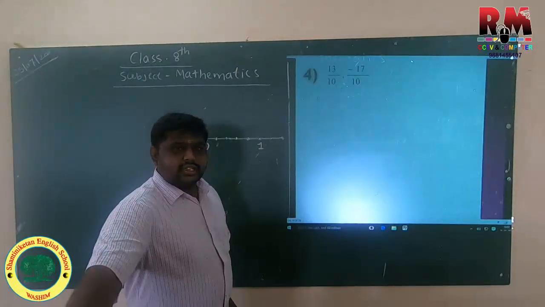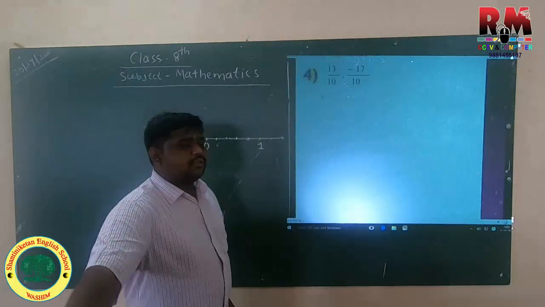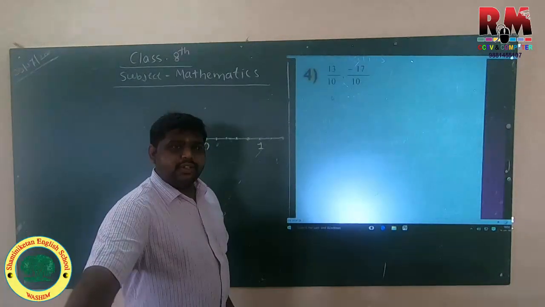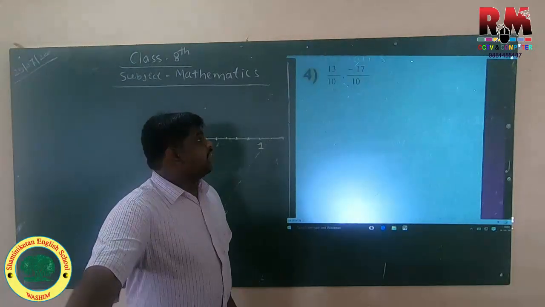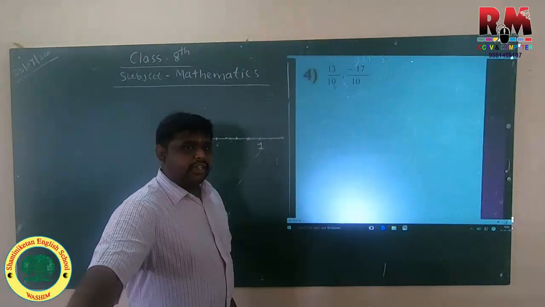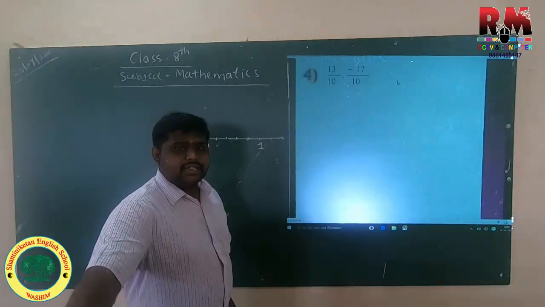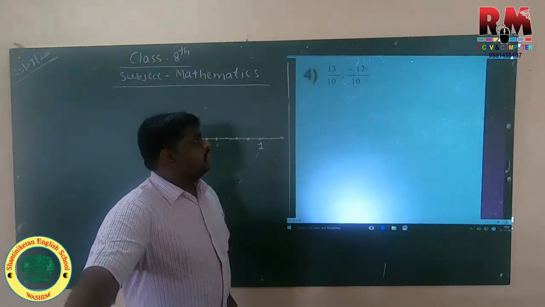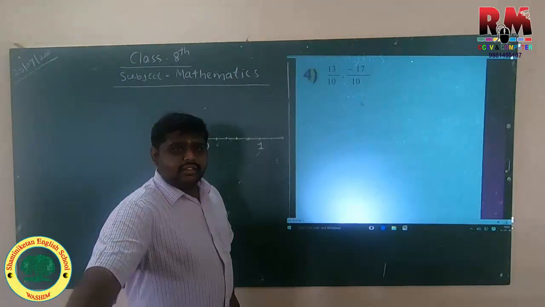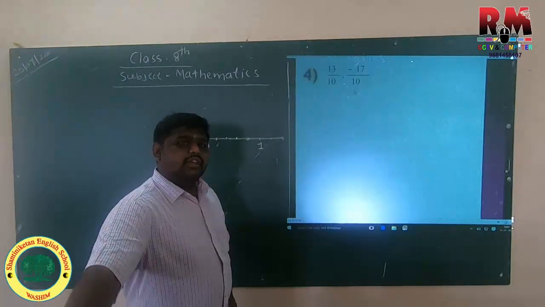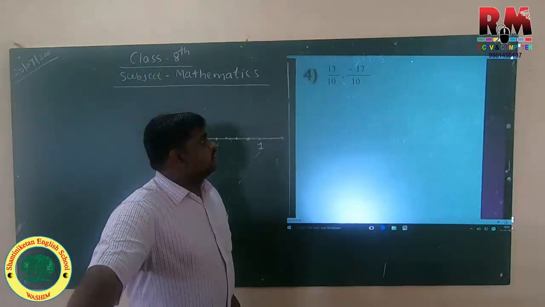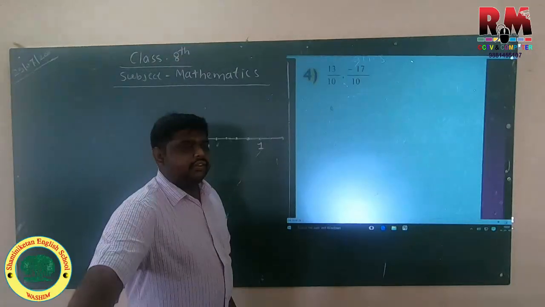Now observe the denominator is 10, so we divide the unit distance 0 to 1, 1 to 2, 2 to 3 into 10 equal parts. Where is 13 by 10? The 13th dot on the right side of the 0 is 13 upon 10. And where is minus 17 by 10? The 17th dot on the left side of the 0 is minus 17 upon 10.